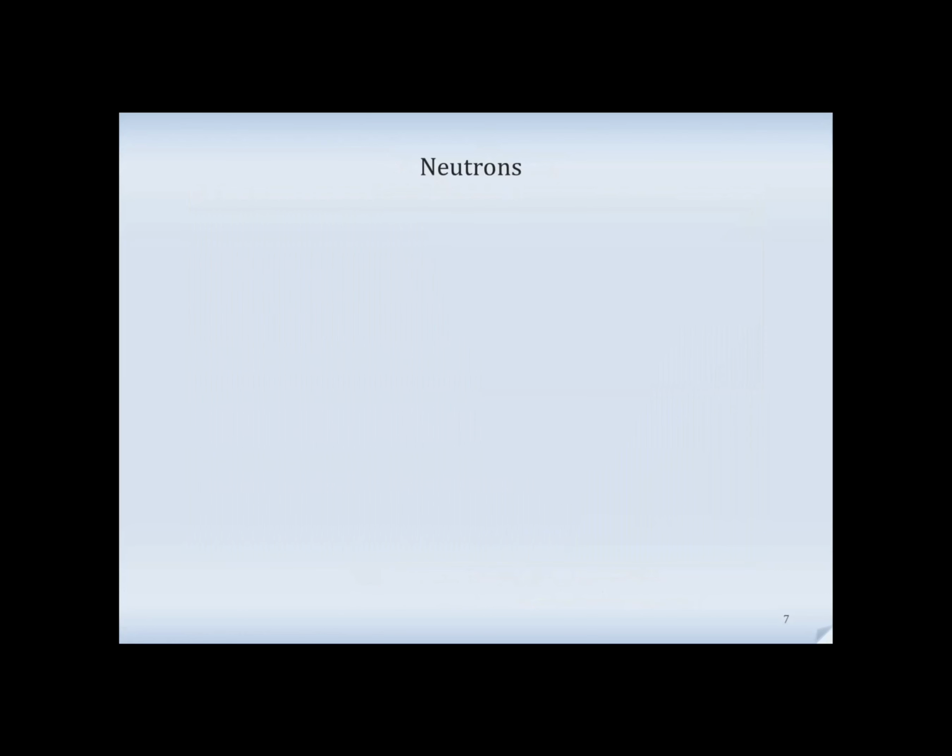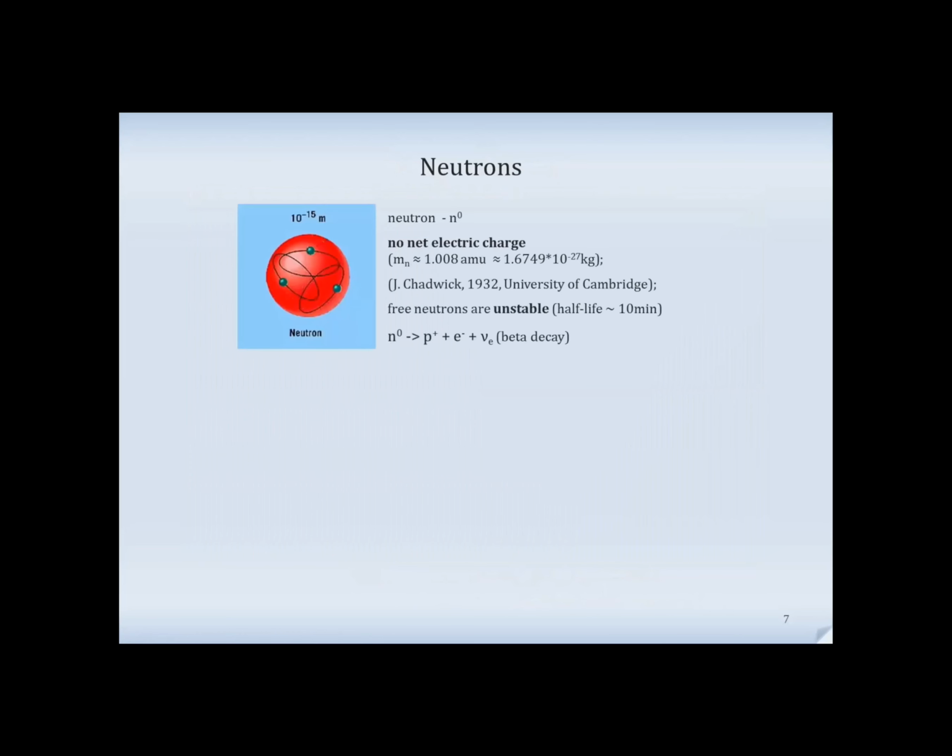Let's talk a bit about neutrons. The neutron is an electrically neutral particle as compared to the electron. The mass is as noted here, and it was discovered a long time ago, nearly 1930. And it's not stable. The half-life is about 10 minutes, and it decays into a proton, electron, and neutrino.